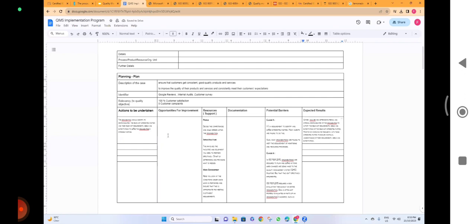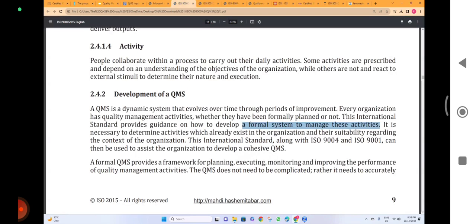After that now, what are the two sections remaining? So the idea here now, before we proceed, remember, this is the guidance that we are following. I'm showing you how to develop a formal system to manage your quality management activities. And this is the first step to develop a quality management system to manage those activities.